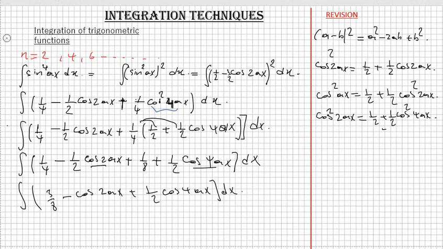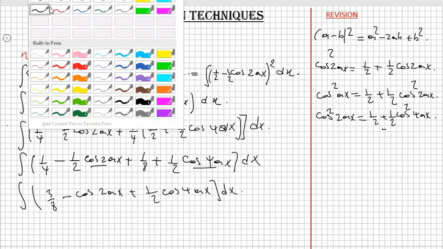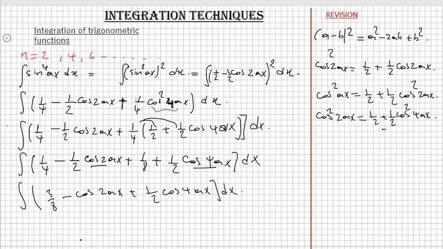So now I can say that the terms within the bracket are very easy to integrate. I can just rely on the fundamental formulas that are given in the table. So we actually need to integrate all the terms that are inside the bracket, starting with 3 over 8.